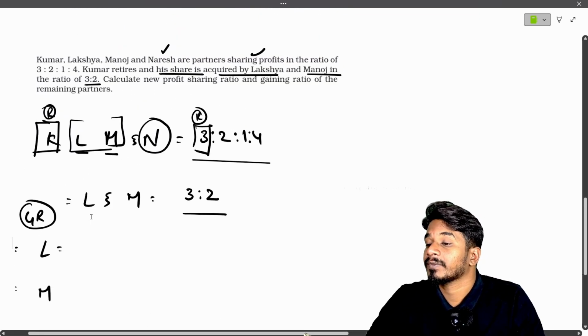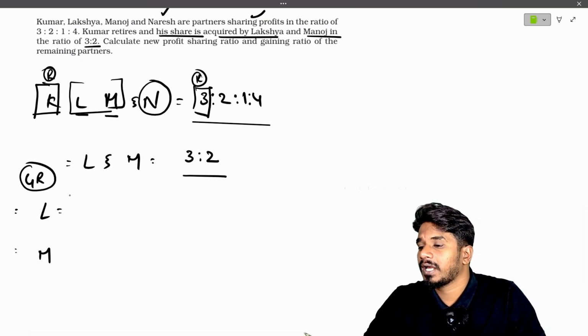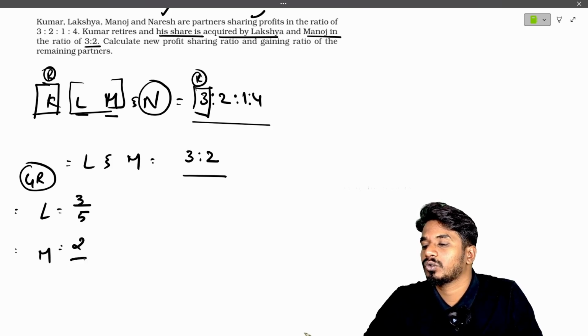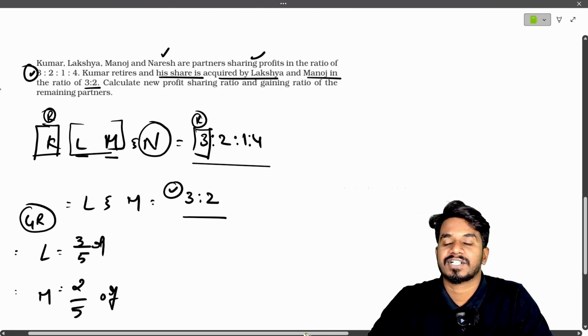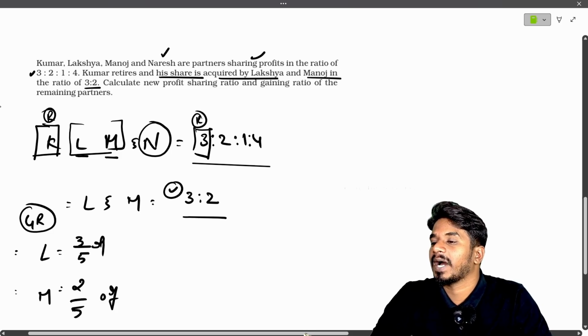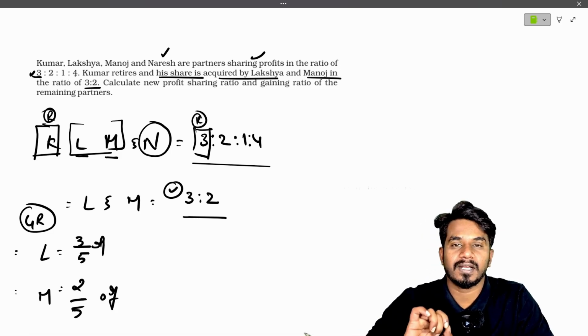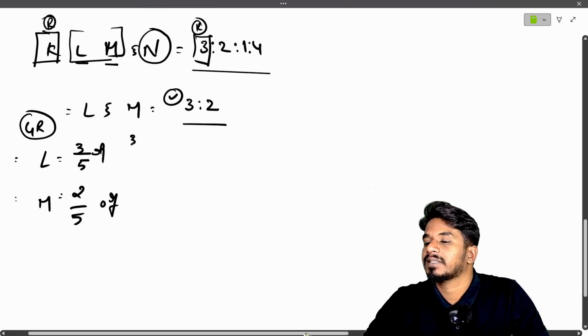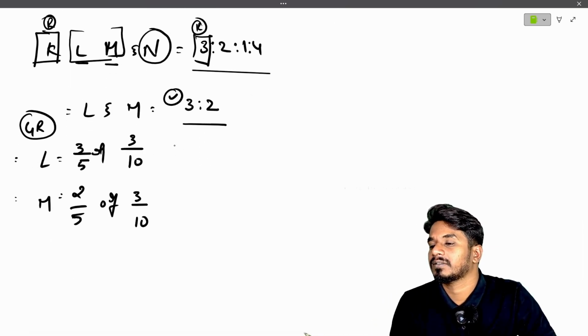The ratio they are acquiring is 3 by 5 and 2 by 5, of Kumar's share, that is 3 by 10. 3 plus 2 plus 1 plus 4 is 10.